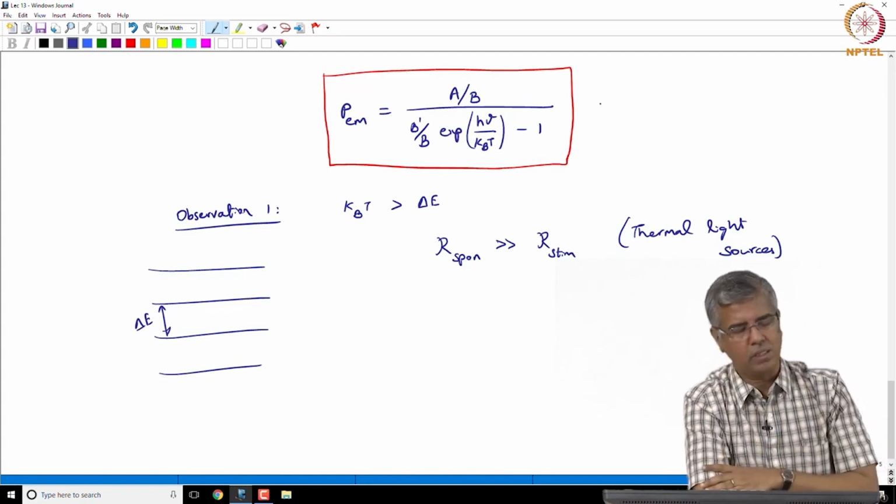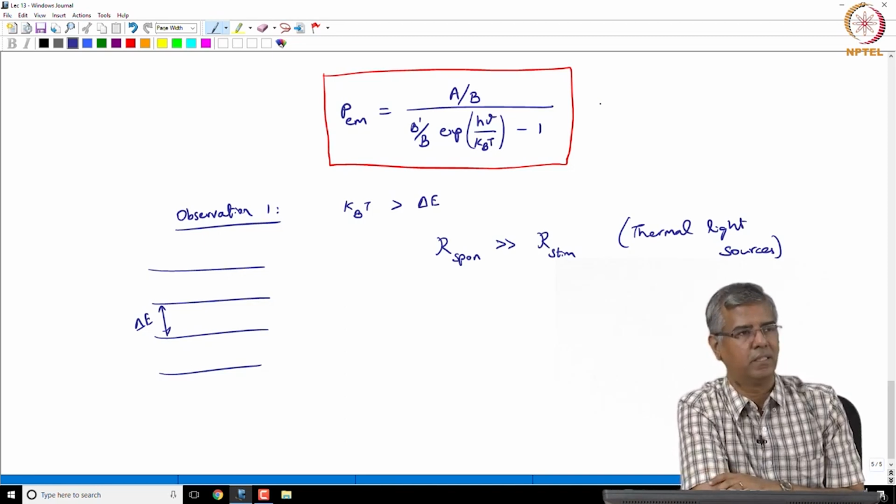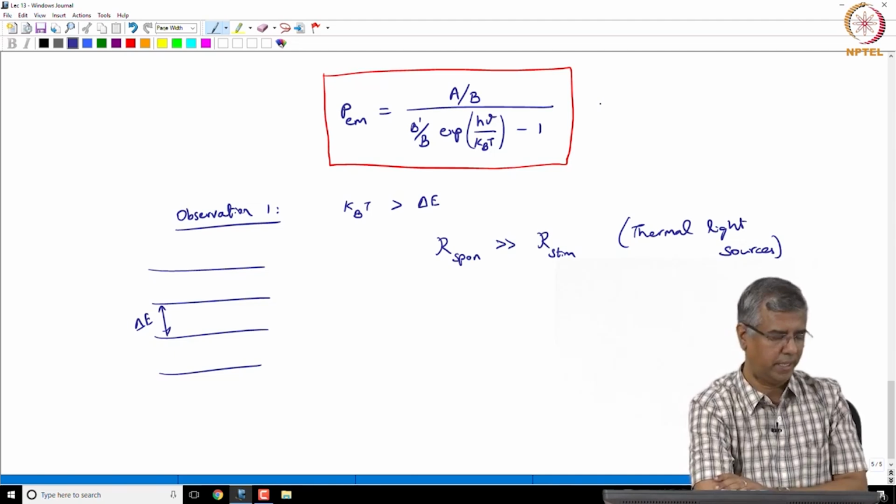So, because of that we will see that the spontaneous emission rate is more probable compared to the stimulated emission rate.